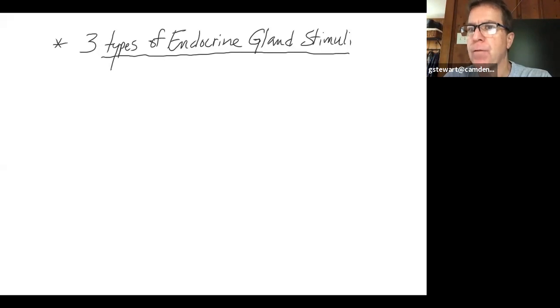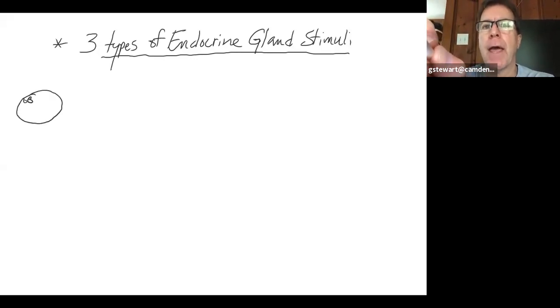I'm going to go back to my very first picture, which looks like I've erased, so I won't. Remember when I talked about what does an endocrine gland do when it first secretes a hormone, when it synthesizes and secretes its hormone and releases it into a blood vessel? That's what this topic is about.